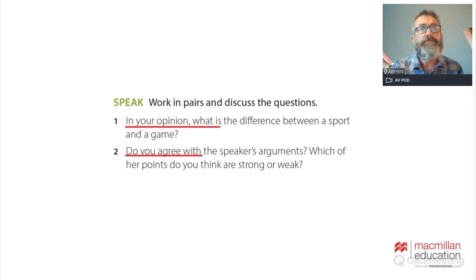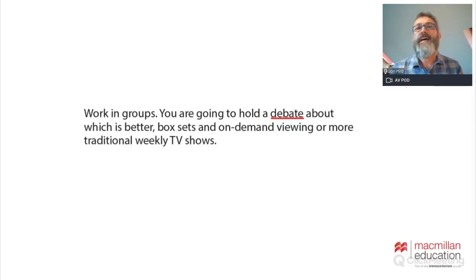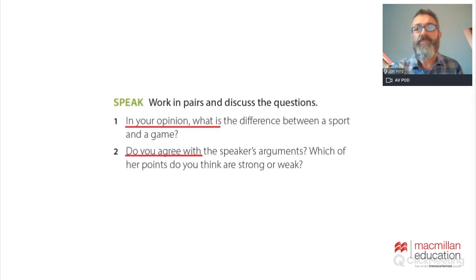And another one: in your opinion, what's the difference between a sport and a game? Not such an easy question, actually. Some are pretty clear on the fringes, but I think there's some in this little grey area in the middle. Do you agree with the speaker's arguments? Again, whoops, my hands were here and the slide moved.